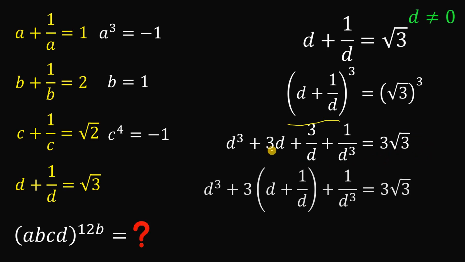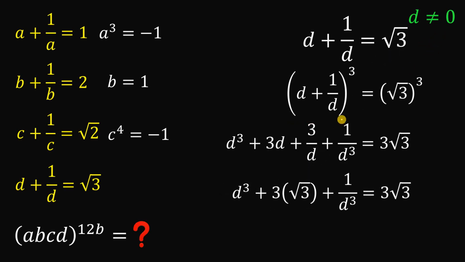Now, rearrange some terms a little bit. We can factor out 3 in these two terms. And take note, this d plus 1 over d is simply equal to square root of 3, given the fourth equation. So we can replace this with square root of 3. And if we subtract 3 times square root of 3 on both sides, this is 0.